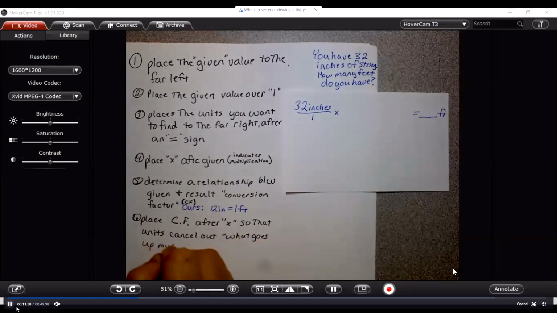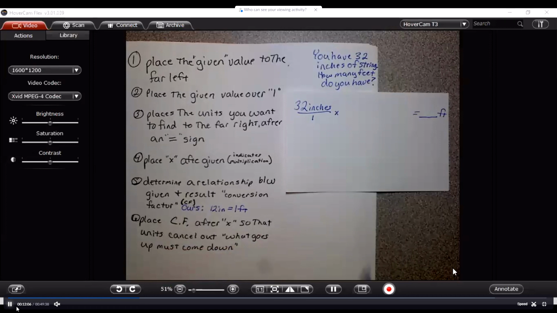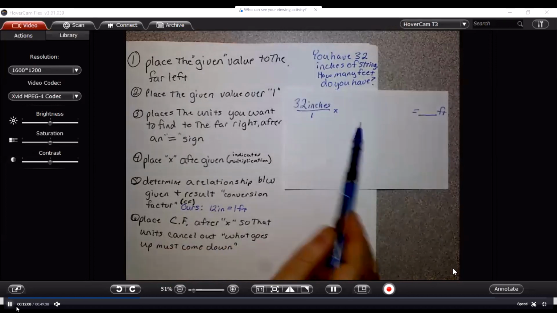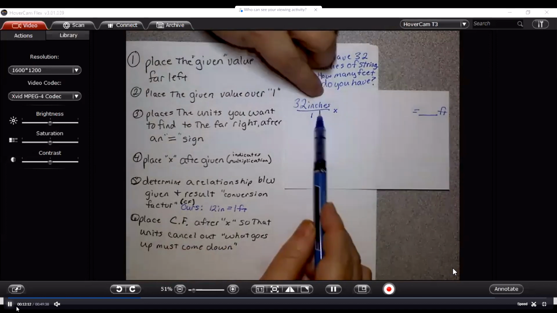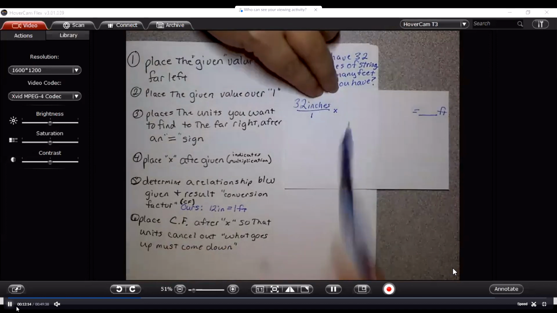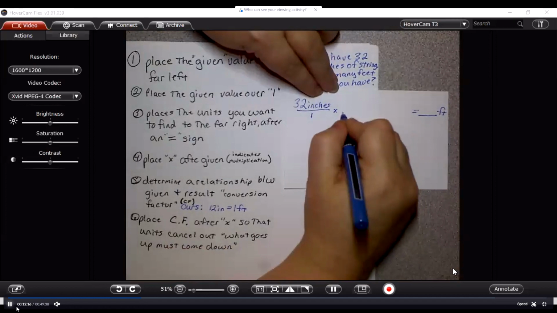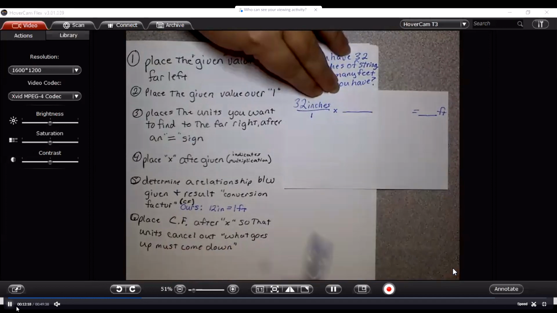If we were working this the opposite way and we started with feet, getting to inches, we would just flip it upside down. They are interchangeable, top and bottom. So, since we want to get rid of inches, we put 12 inches on bottom, and we're going to put 1 foot on top, because that is our conversion factor. 12 inches equals 1 foot.